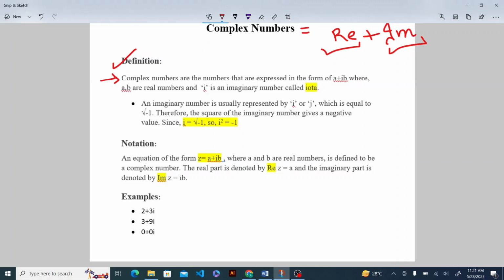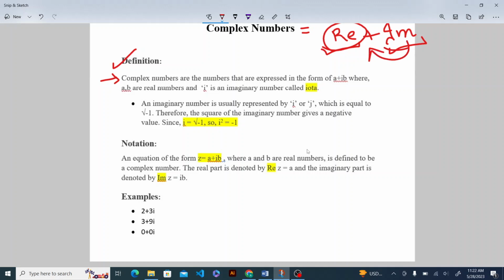So we all know what the real numbers are. I have already made a video on real numbers. You can check it, and I have pinned the link in the description box as well. But for your convenience, I'm telling you in short what the real numbers are. Real numbers are all the numbers that can be represented on the number line except imaginary numbers, obviously, because imaginary is opposite to real.